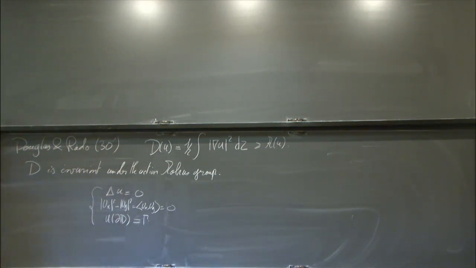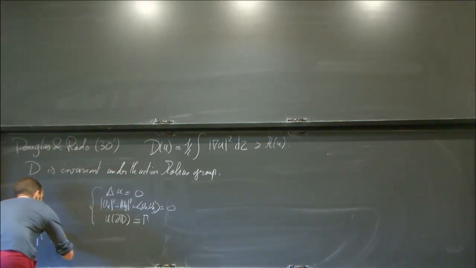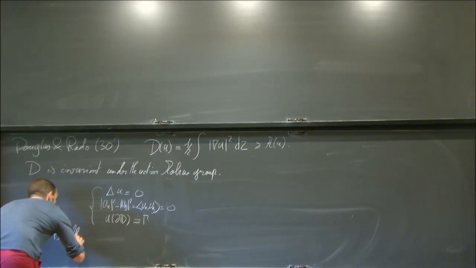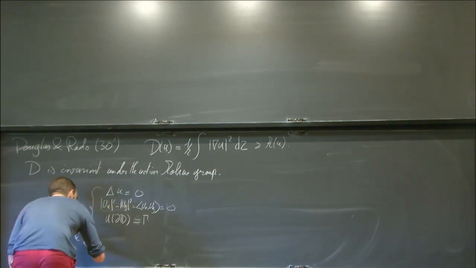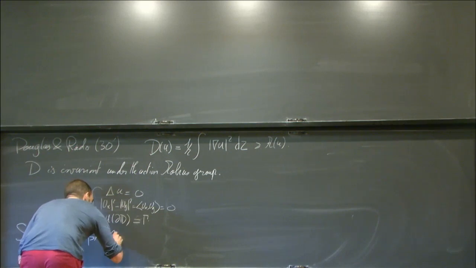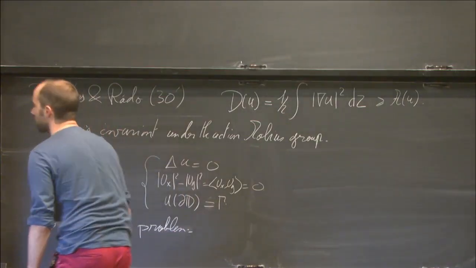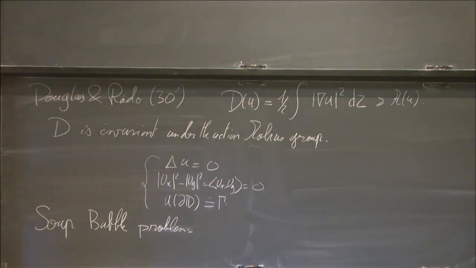But you can look at some variant of this problem, especially the soap bubble problem, which consists in minimizing this functional, but under a constraint. That is to say, your disk has to enclose a given volume.